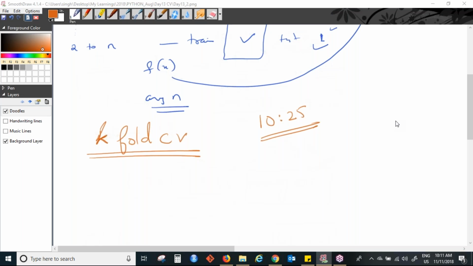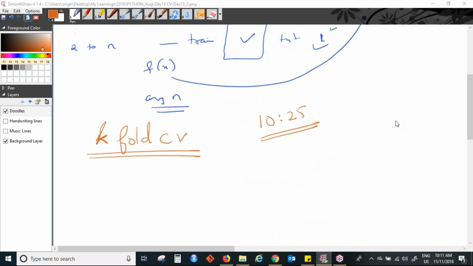Now I will train my model on the first 4 parts, 1, 2, 3, 4, and I will create a mock test data which will have the 5th part. This fold is nothing but part, so k-part cross validation. I will train the model on the first 4 parts and check the accuracy on the 5th part.